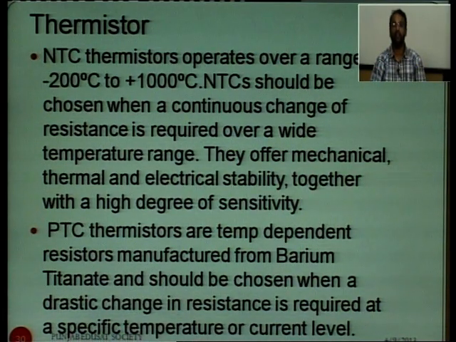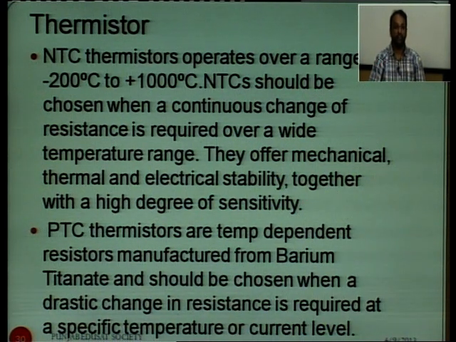NTC thermistors offer mechanical, thermal and electrical stability together with a high degree of sensitivity.